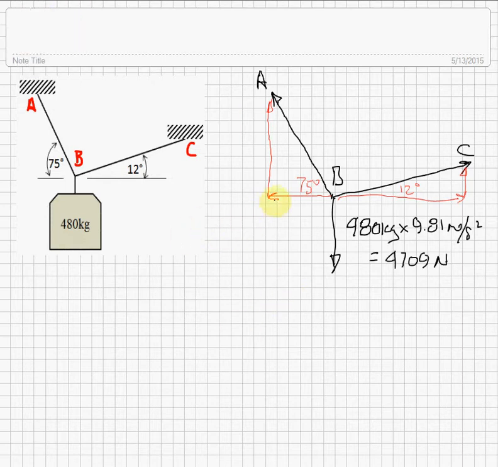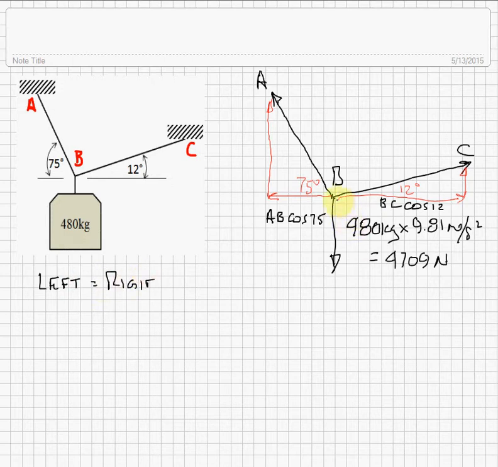If I do that, I know that this component here is going to be AB cos of 75. And likewise, this one is going to be BC cos of 12. Now, I don't know what those values are yet, but I know that that's what that is going to be in relation to AB. And so I can write down now that my left acting forces equals my right acting forces.